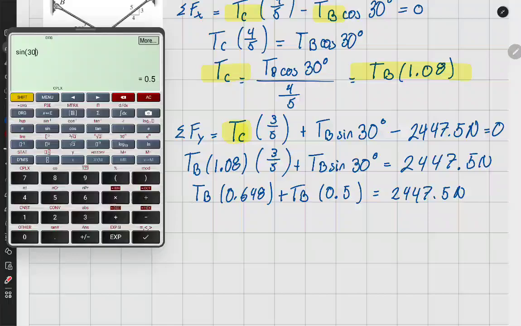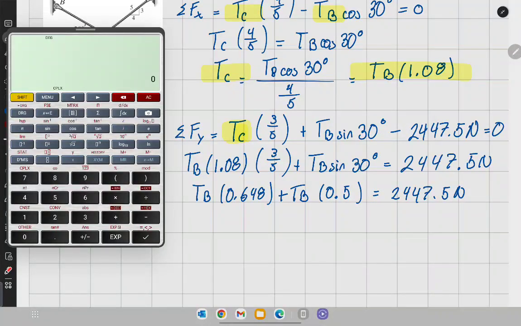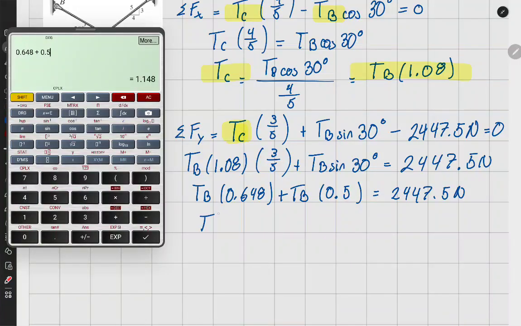Then you can group TB and TB, so 0.648 plus 0.5, TB times 1.148.